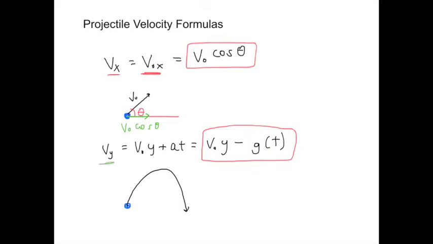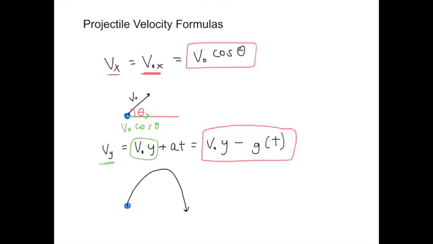Now let's look at y velocity. Y velocity is a little bit more complicated because, as we saw, the objects will accelerate and decelerate in the air due to the force of gravity. So we'll start with the same initial velocity, and we're going to use the velocity equation that we learned from chapter 2, v final equals v initial plus at.